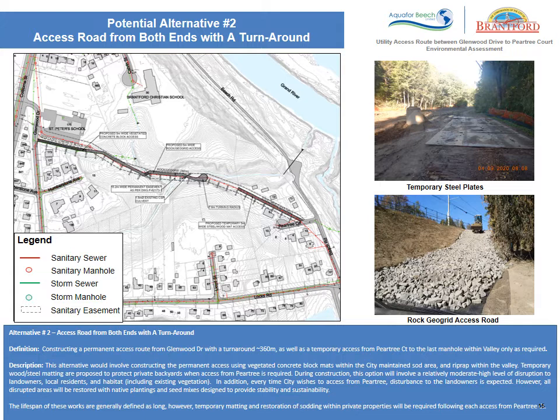It would include 2 crossings of the drainage features, and then within the lower portion, extending up from Peartree, temporary wood mats would be laid down on an as-needed basis to provide access to the manholes which extend off of the 9 and 13 Peartree Court properties.